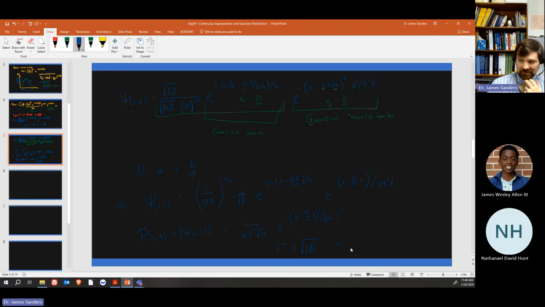And so that is the root of 1 plus t over tau squared. Okay, so again, this is a Gaussian in which this alpha squared gamma squared term is sort of like the sigma squared term in our generic Gaussian.